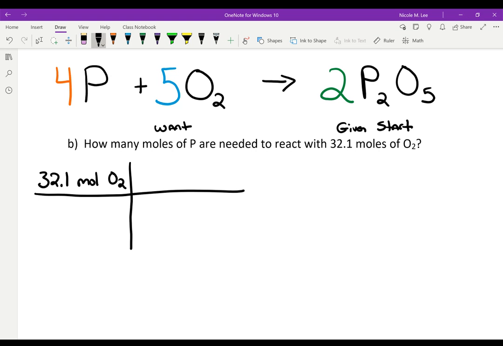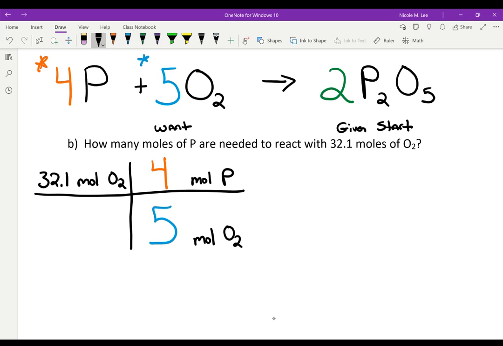I have moles of O2 in the numerator, so I need moles of O2 in the denominator. Well, how many moles of O2? Again, it's going to be 5 moles of O2, which I get up here from my balanced chemical equation. What do I want to solve for? I want moles of P, moles of phosphorus. So that's going to go up top. How many moles of phosphorus? Again, I look up here at my balanced chemical equation, and that's 4 moles of phosphorus.